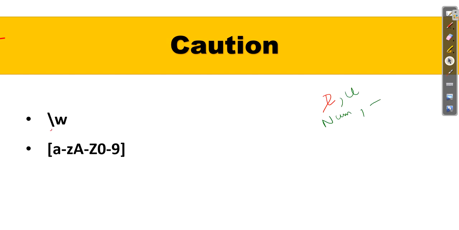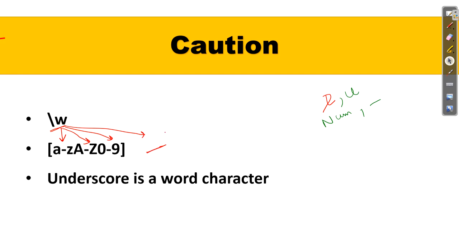So here let's discuss some caution when we are working with shorthand, especially backslash W. We have to remember this backslash W is used for lowercase, uppercase, numerical with this underscore also. That's why we always refer underscore as a word character. And especially if we are looking at the words which are text in a book, we are not expecting that it is to be included.